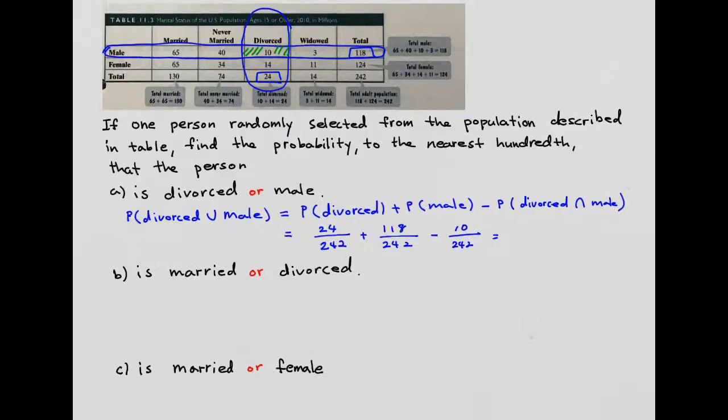So that's why we are subtracting. When we do the adding and subtracting of these, you get 132 over 242. When you reduce this, you get 6 over 11. You can leave it as 6 over 11, but you can also write it in decimal form as 0.55.